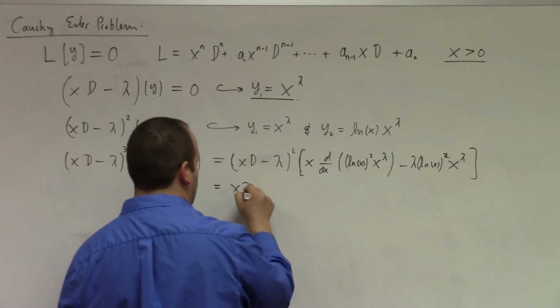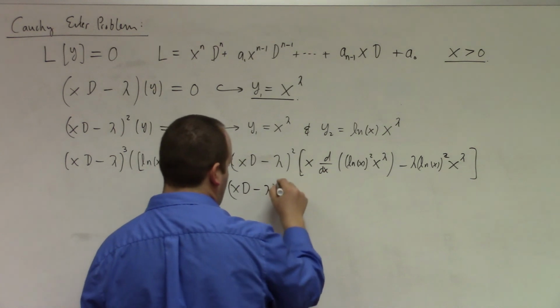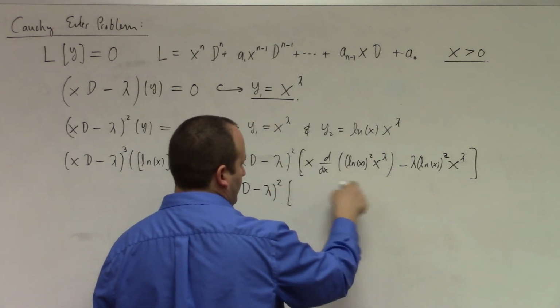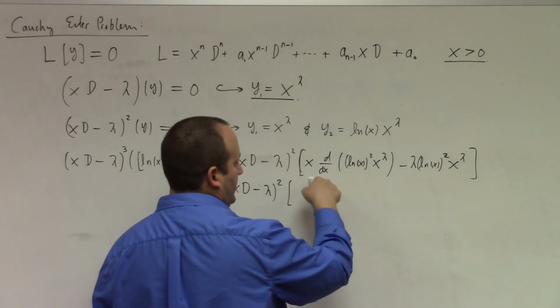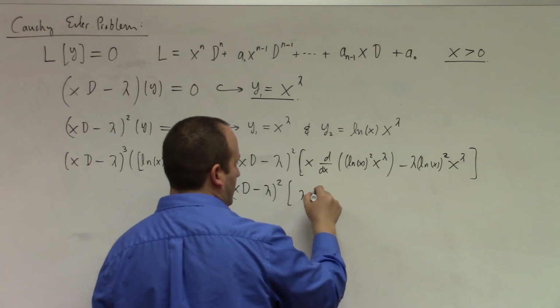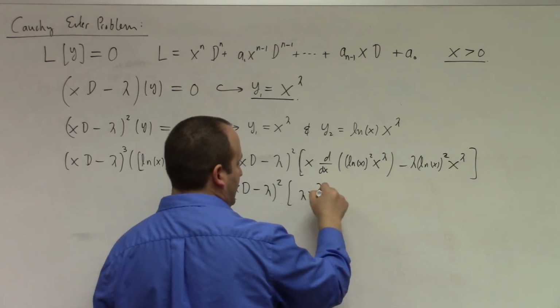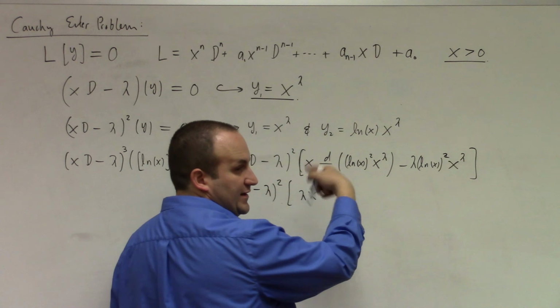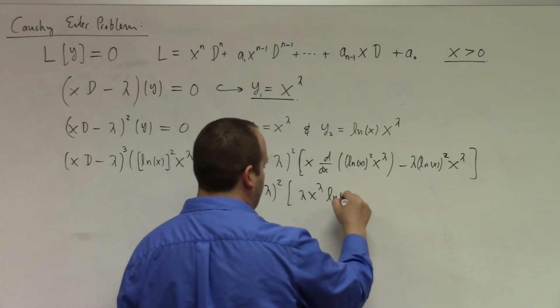Differentiate, what happens? I get lambda x to the lambda, because this x times the x to the lambda minus 1 from the differentiation leaves me that.